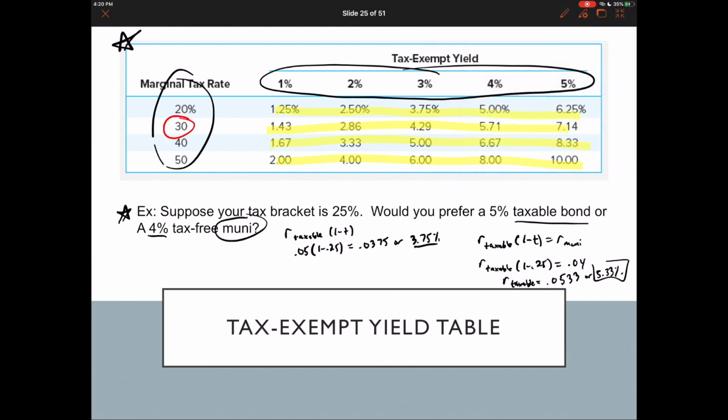Let's say you're in the 30% tax bracket and you have a 3% muni that's available. All corporate bonds or taxable bonds would have to offer at least 4.29% pre-tax yield in order for you to consider that particular security. Okay, so we always want to consider after-tax yields in comparison when we're talking about taxable bonds versus tax-exempt bonds like munis. Something to always keep in mind.